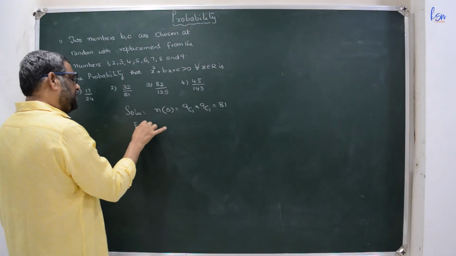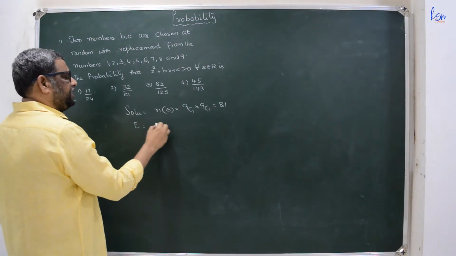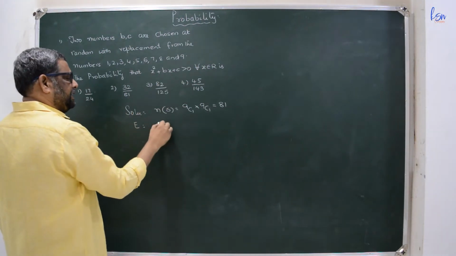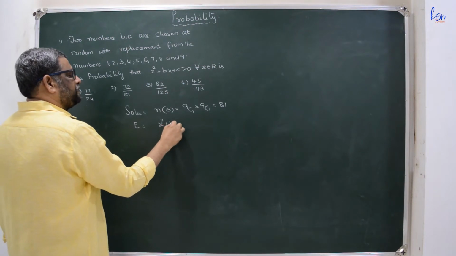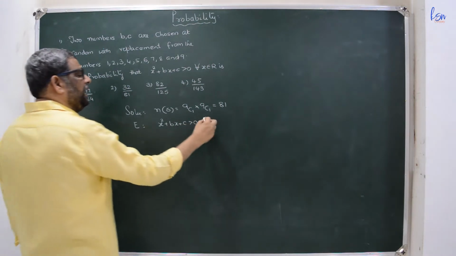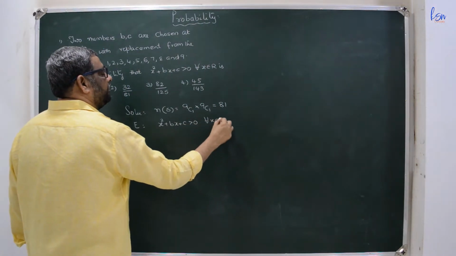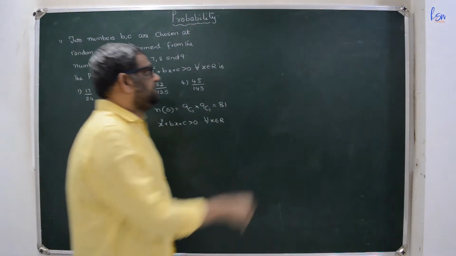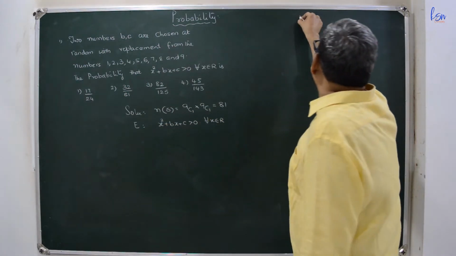Now the favorable event E. E is the favorable event such that x square plus bx plus c must be greater than 0 for all x belongs to R. For this I will write a formula here.